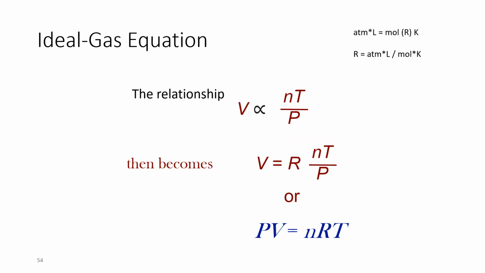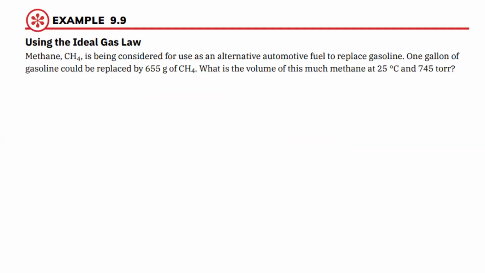We're assuming that all of these gases are going to behave ideally, which we'll go into a little bit later in the chapter. But with that ideal behavior, that means all of the gases are going to be the same. So it doesn't matter for this equation if it's methane, if it's oxygen, nitrogen, whatever, the equation is going to work just the same.